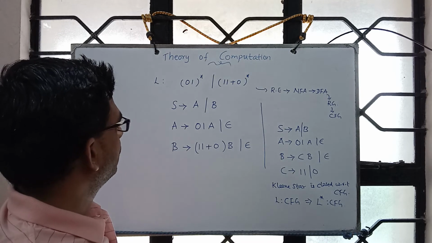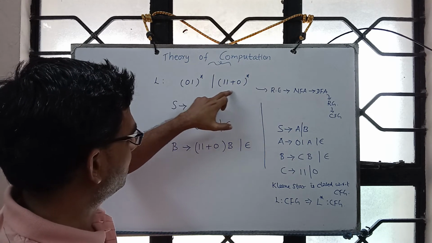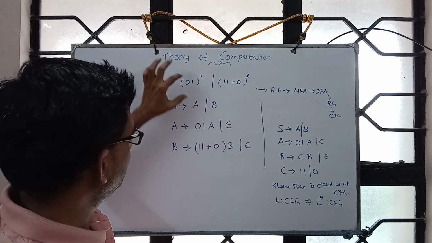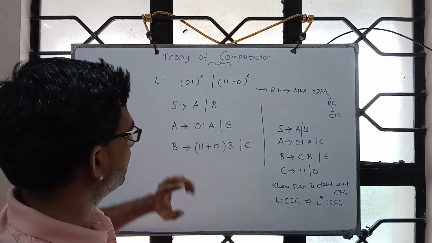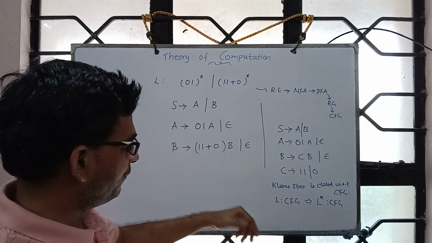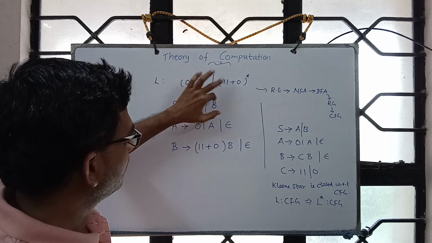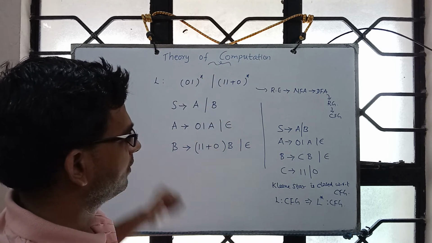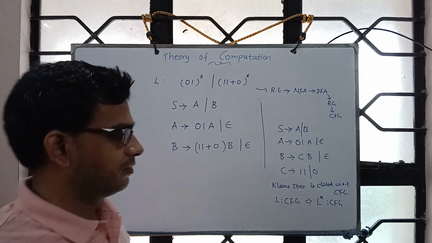Fine. We know that this one is regular, therefore CFG. This one is regular, therefore CFG, which means the star of this also has a CFG. And in fact we can combine two things, L1 star union L2 star. Fine. Good.